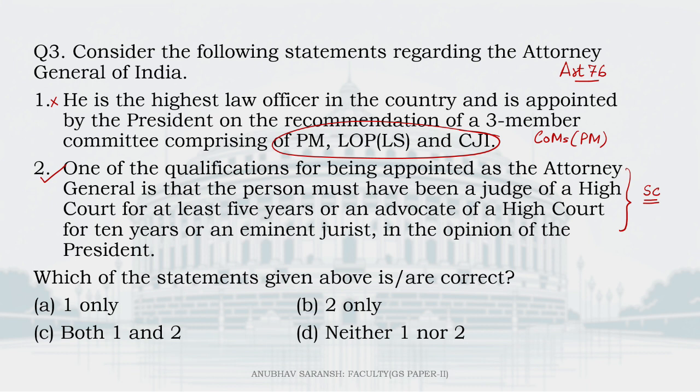Somebody who is qualified to be a Supreme Court judge is not a judge, should just be qualified to be a Supreme Court judge. So if you are qualified to be a Supreme Court judge, then you also meet the eligibility criteria to be appointed as an Attorney General of India. So 2 is correct, 1 is wrong, B, 2 only is the right answer.